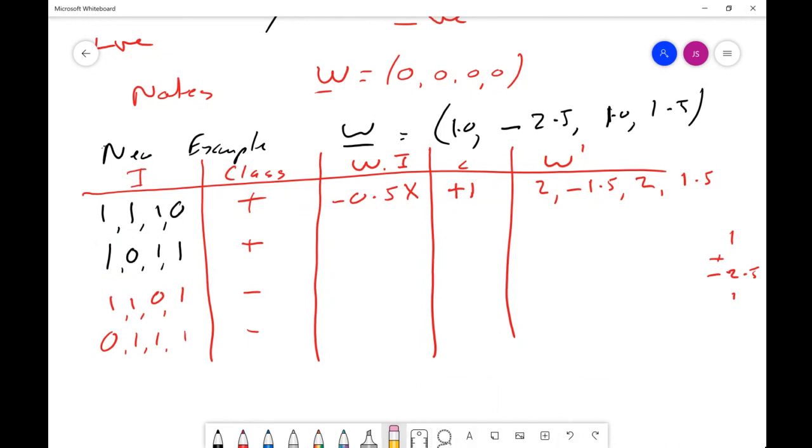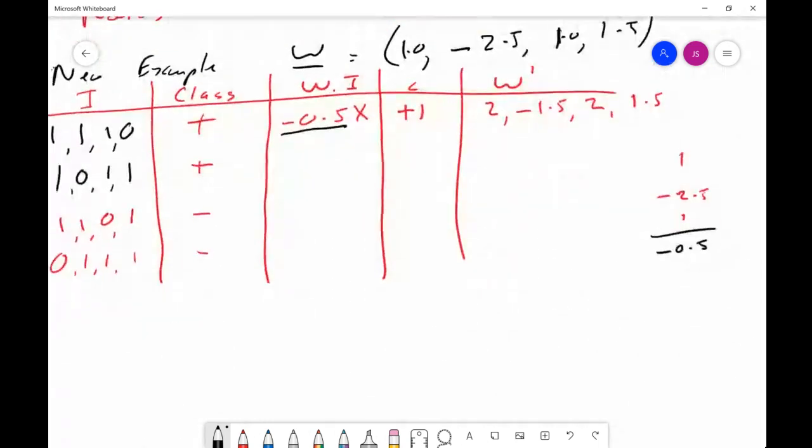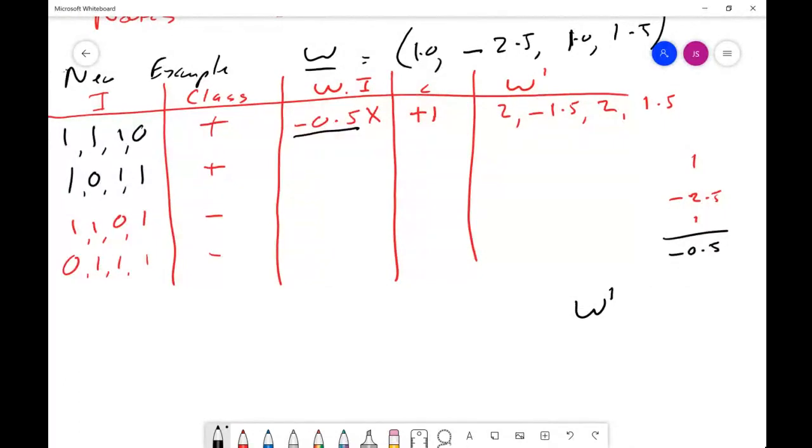So the response is going to be, let's add those up, that should be a plus there. It is going to be minus 0.5. Minus 2.5 plus 1 plus 1, minus 0.5. There is the response. It is negative. Positive class needed. We are using the update of the weight is W prime equals the original weight plus CI. So I am now adding the input pattern because C is equal to plus 1.